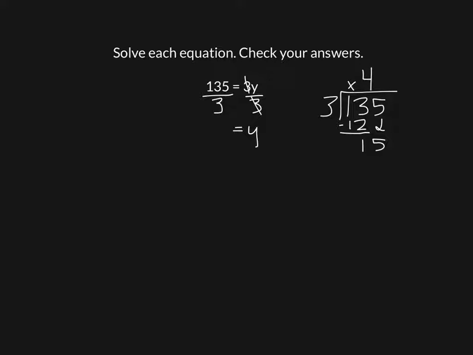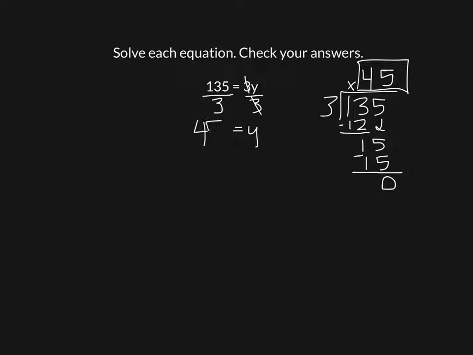Now I'm going to divide 15 by 3, that's 5. Multiply, 3 times 5 is 15, and subtract. I don't need to bring anything else down because there's nothing else to bring. And I got down to 0. So I know that my answer is 45.